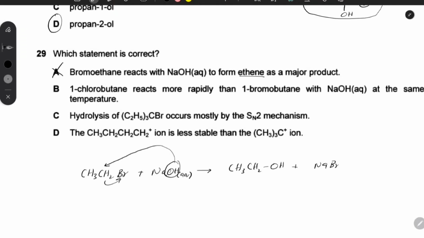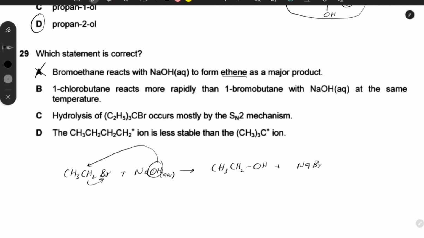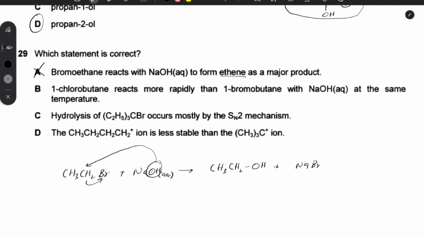Option B: 1-chlorobutane reacts more rapidly than 1-bromobutane with sodium hydroxide at the same temperature. Now the only difference between 1-chlorobutane and 1-bromobutane is the bond between carbon and chlorine, and the bond between carbon and bromine in these two molecules. We need to know which one is the stronger bond.